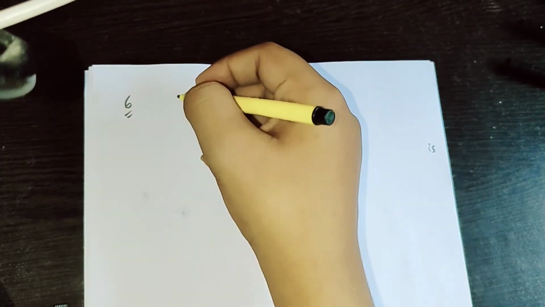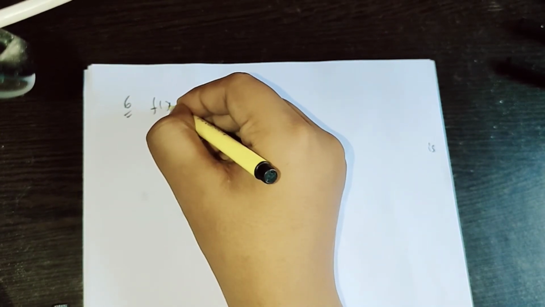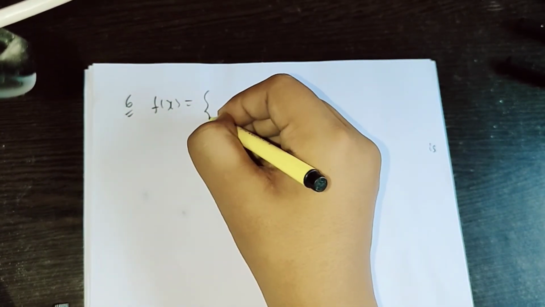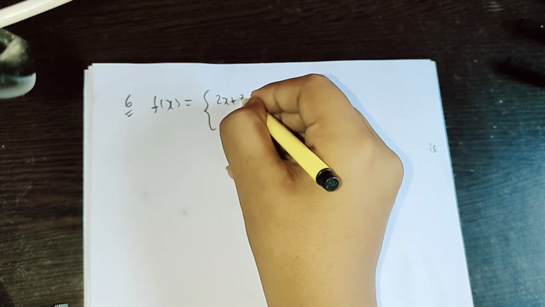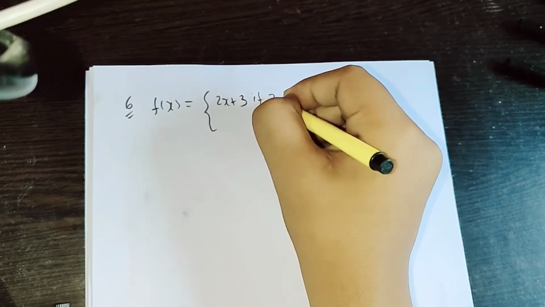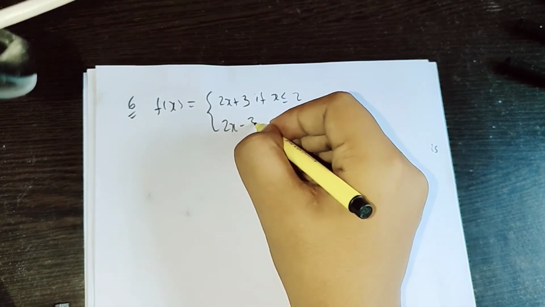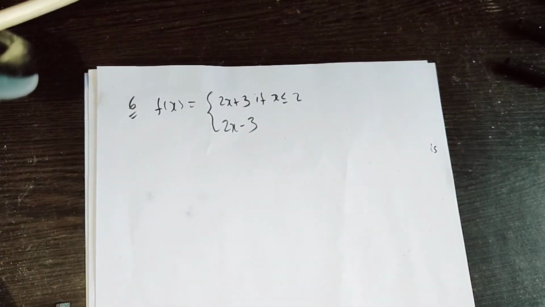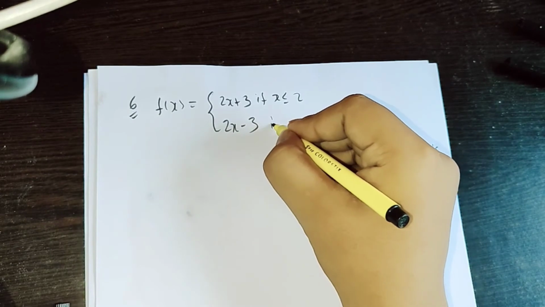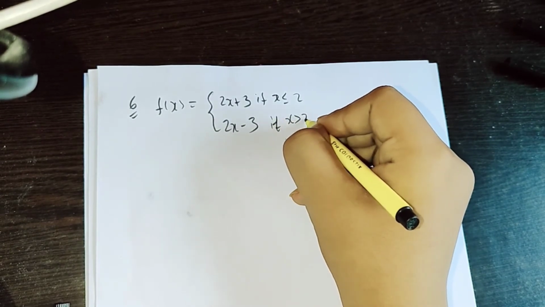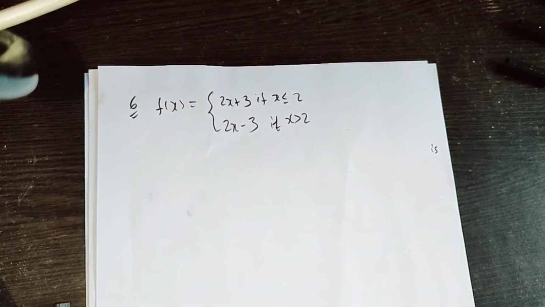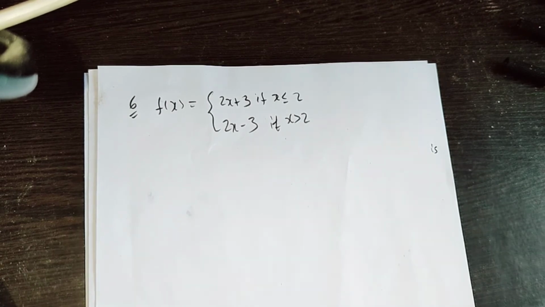The approach for these types of questions is: 2x plus 3 if x is less than or equal to 2, and 2x minus 3 if x is greater than 2. So we have to calculate its points of discontinuity.